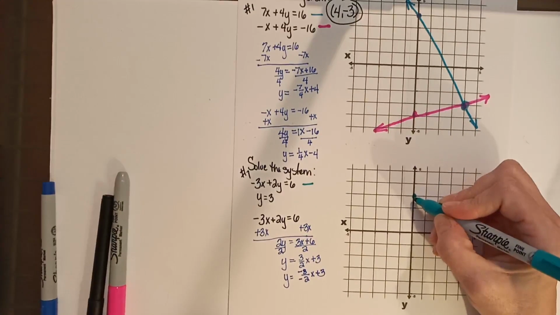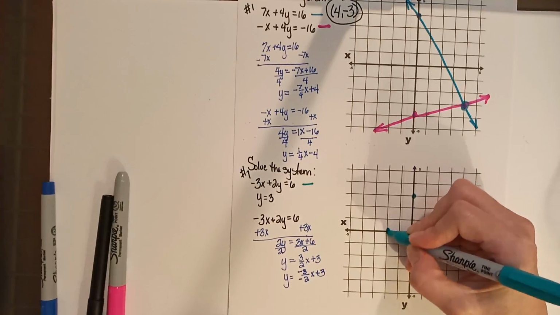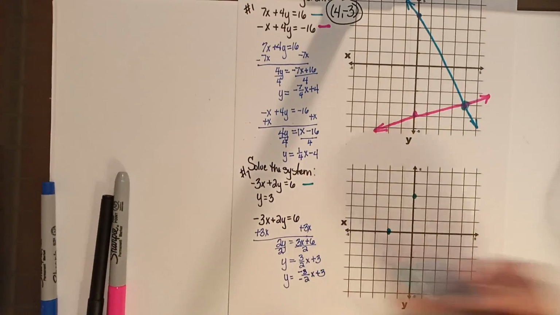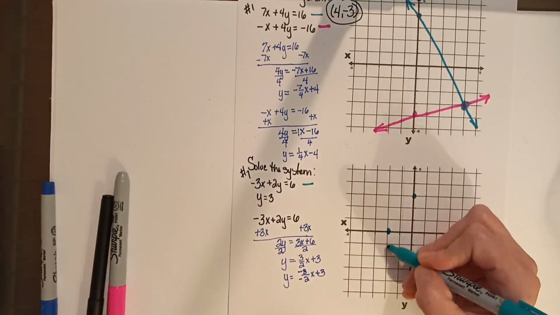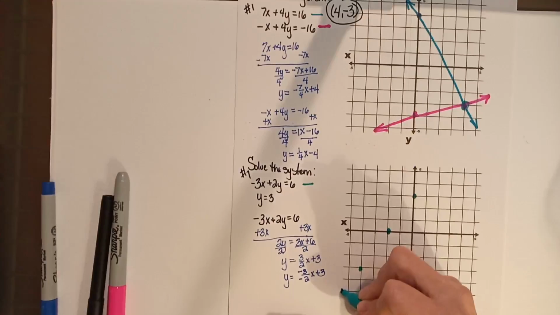So what I have here is down 3, back 2. And you can see I have a positive slope, even though I used 2 negatives to get there. So let's do another point there. Down 3, back 2. And go ahead and graph that.